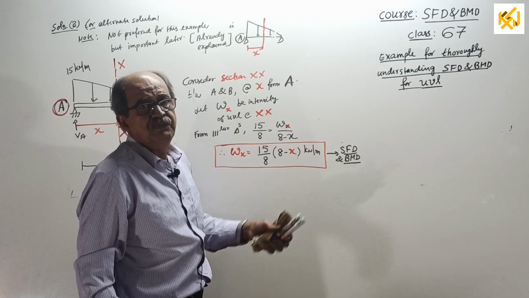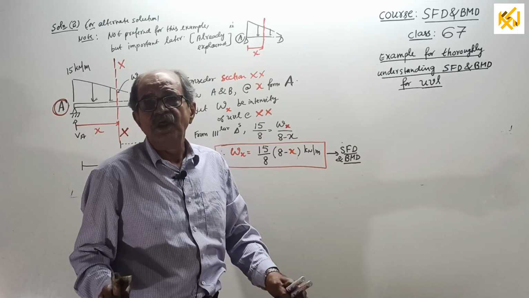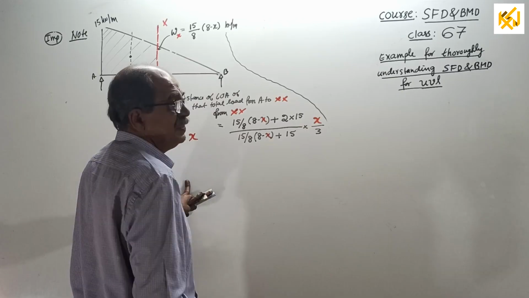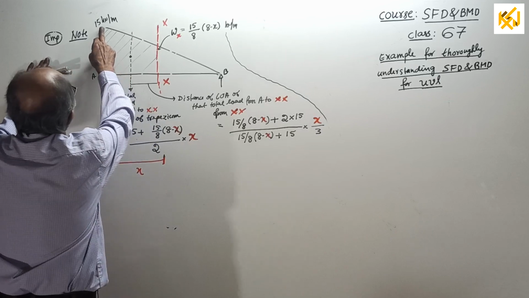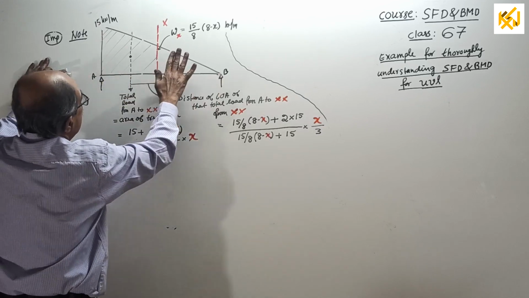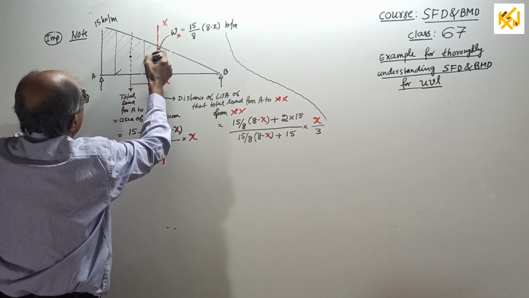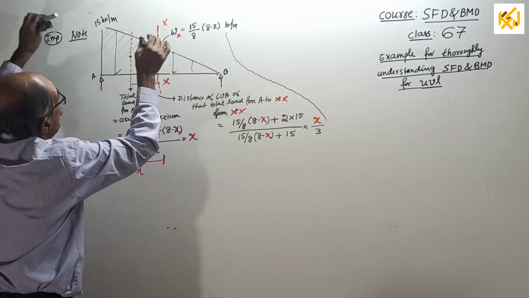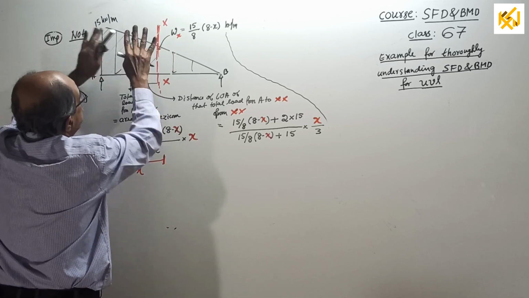Now ready for SFD and BMD. That is not the SFD BMD drawing, but the calculations for SFD BMD. Now an important note: see, 15 kN per meter, 0 here. This is a triangle, and the loads are here. This is the loading. When you take section XX and look at this side, you are going to get a trapezium.